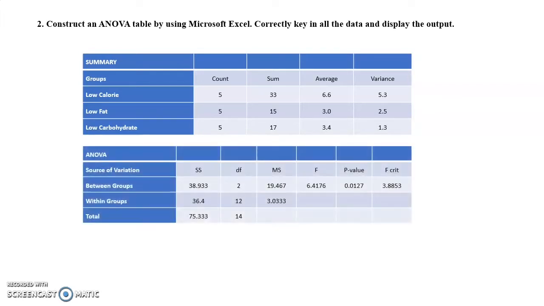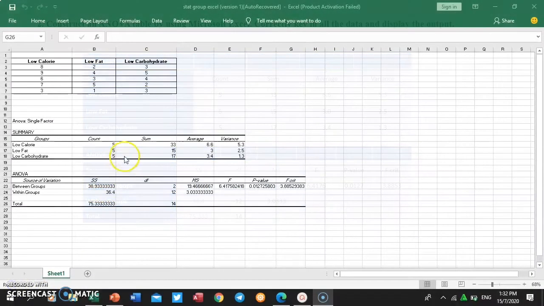So this is the data from Microsoft Excel. Let me show you the Microsoft Excel. Let me show you how to get the data for the summary. So this is the data, count 5: 1, 2, 3, 4, 5.